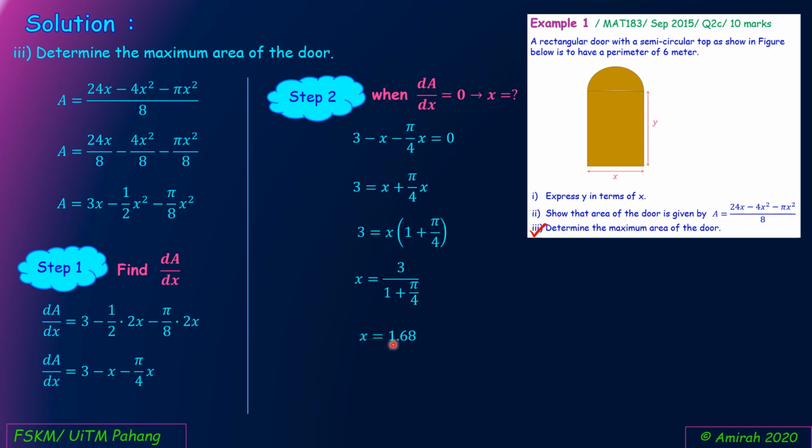Then we can use a calculator to solve. So we get x equals 1.68. From the given question, the unit used is meter. So we can write x equals 1.68 meter.